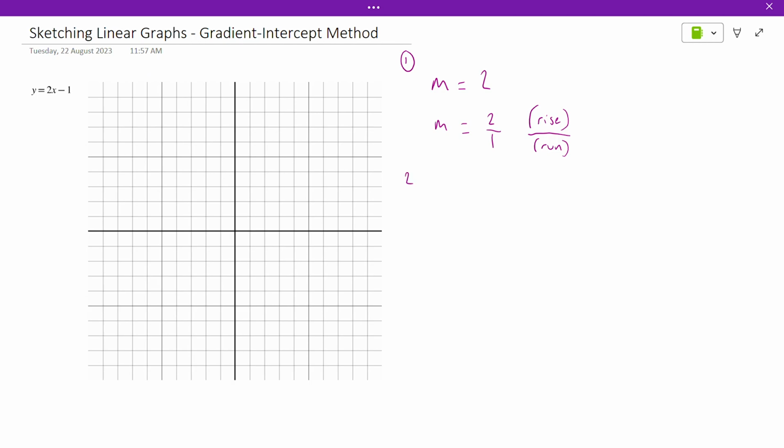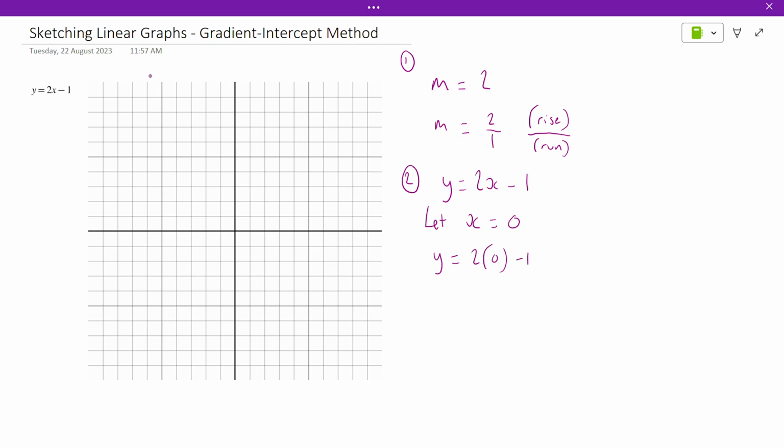The second thing we know is a coordinate. And specifically the coordinate that we can use for this is going to be the y-intercept. So the y-intercept always occurs when x equals 0. So if I've got y equals 2x minus 1 and I let x equals 0, my equation is going to be y equals 2 times 0 minus 1.